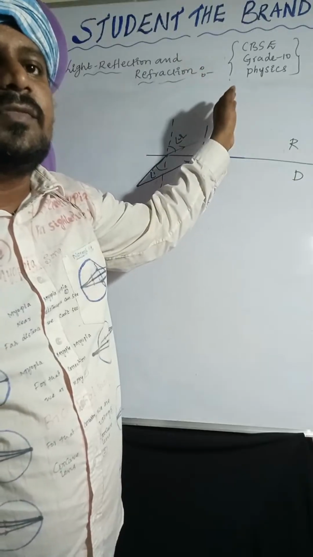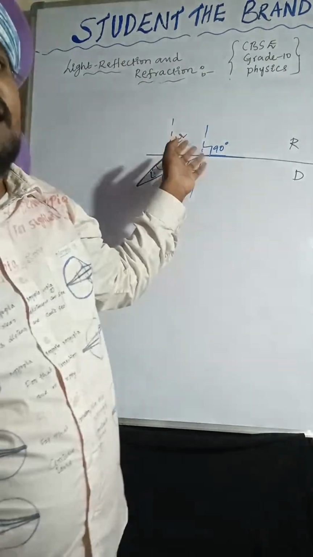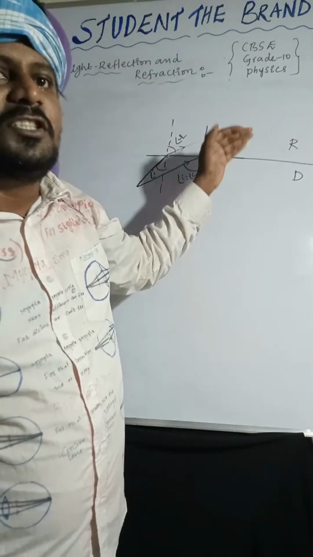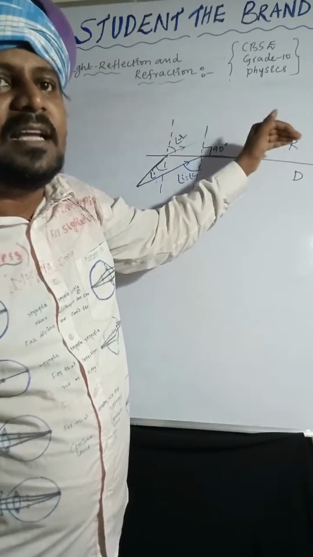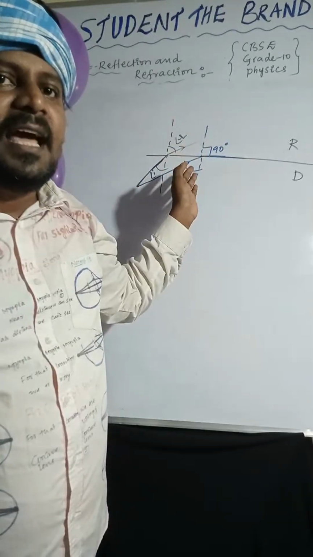That angle is called the critical angle. The angle at which the refracted ray grazes along the surface is called the critical angle.